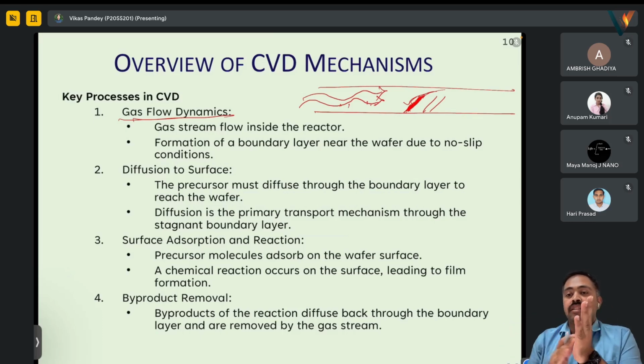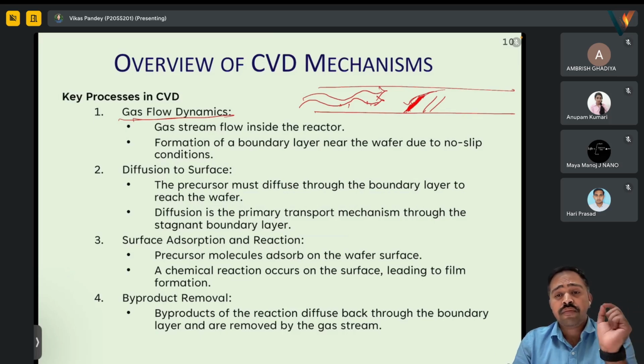Actually, these things don't take place on the top surface generally. They will go till the interface. Okay, and that is the primary mechanism through which this reaction takes place and CVD deposition takes place.